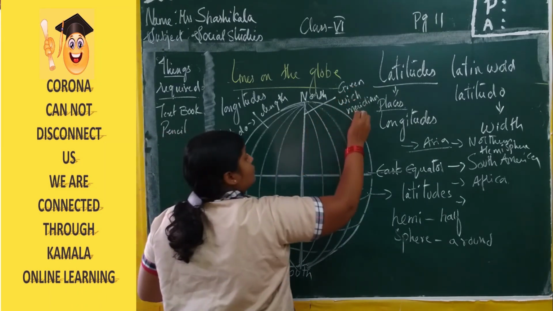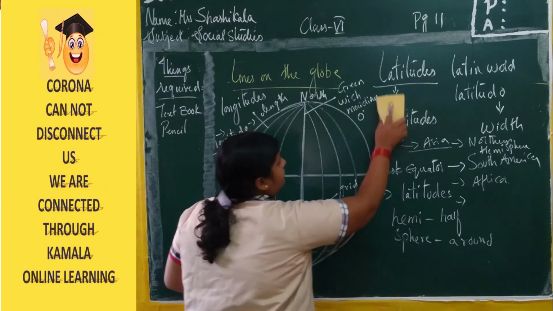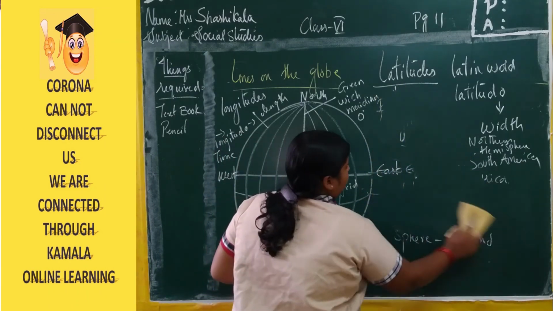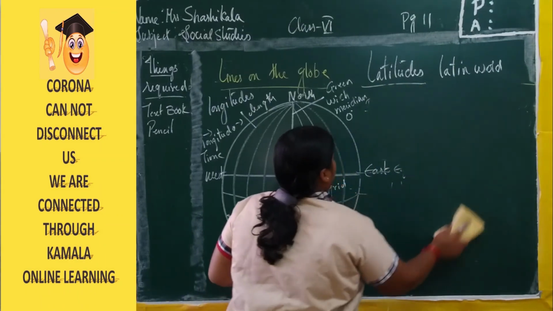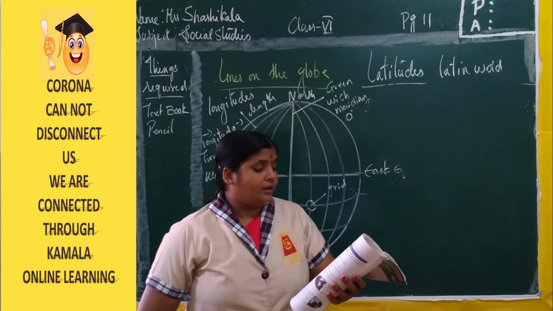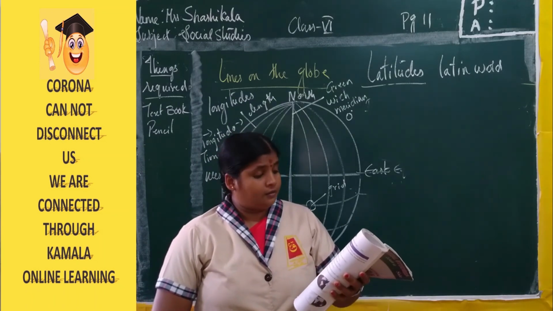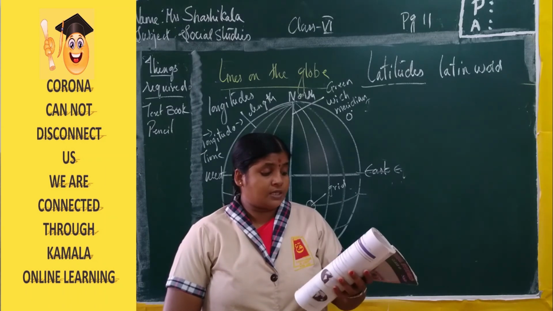In the same way, the Greenwich meridian value is also 0 degrees. And the international date line is also called 180 degrees east or west longitude.